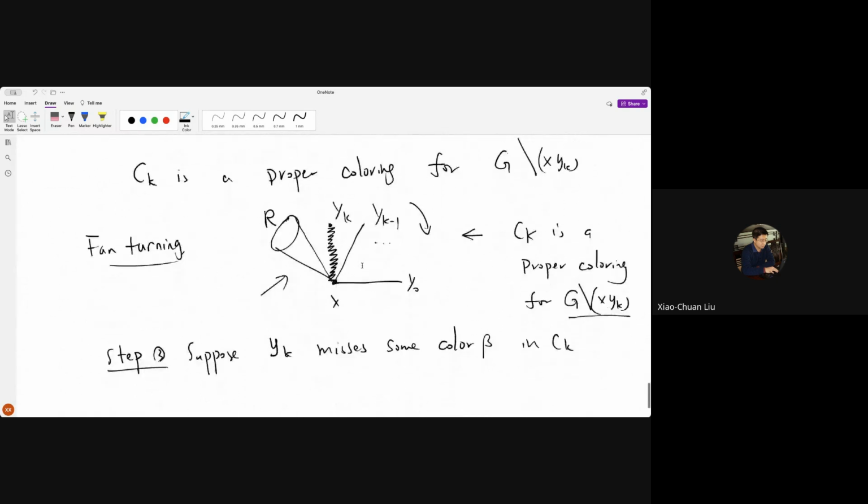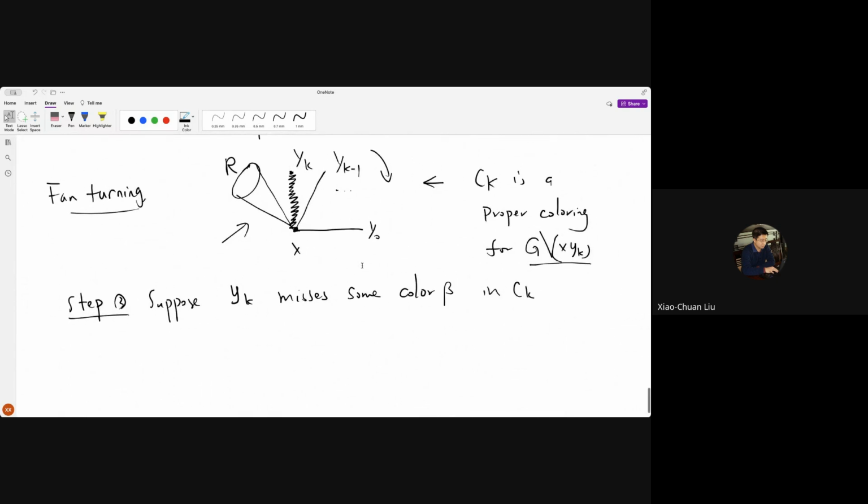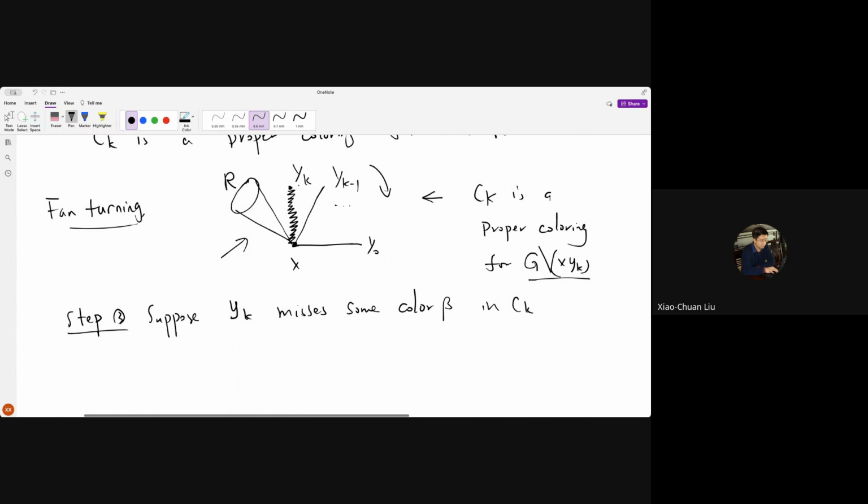So now suppose in the final picture, the vertex yk misses some color beta in the final coloring CK. Okay, so let's continue. This is an argument similar to the previous one. If x also misses beta, then we are done.